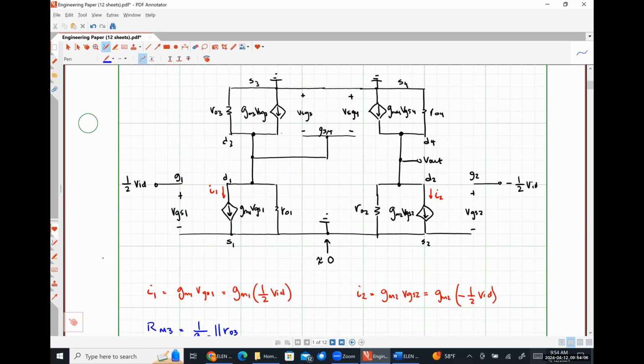Are we okay with that? So we have a resistance RM3 looking up here between this node and ground. What's the resistance between that same node and ground on the bottom?